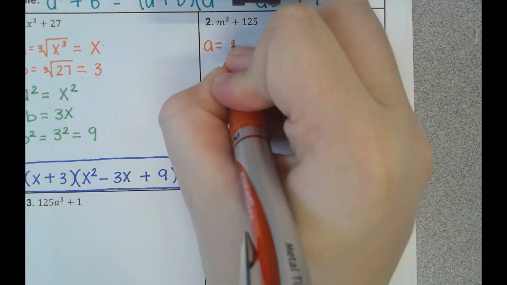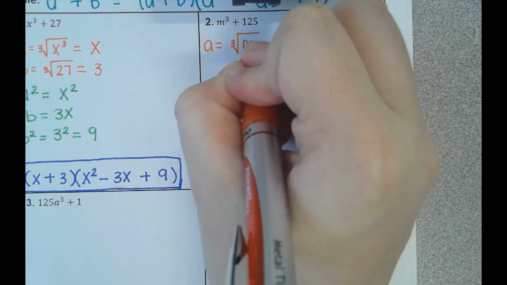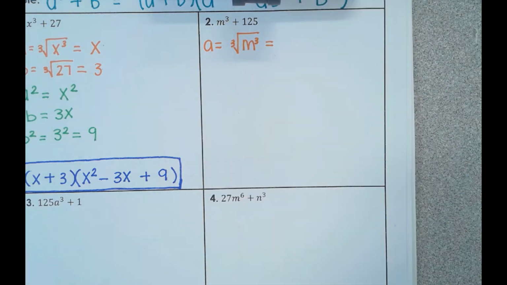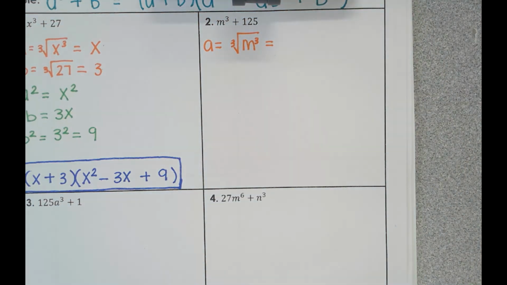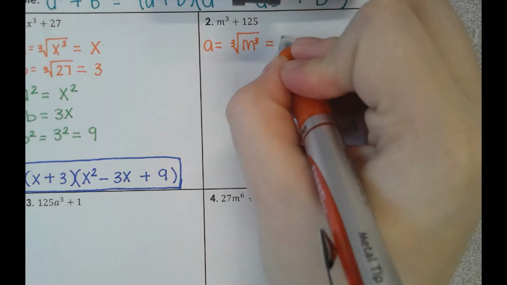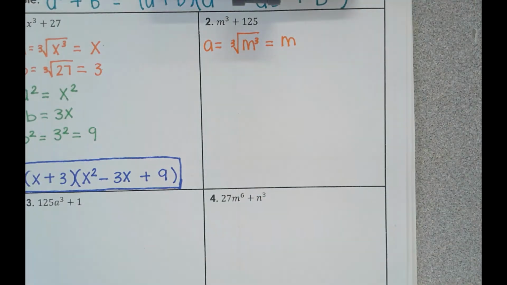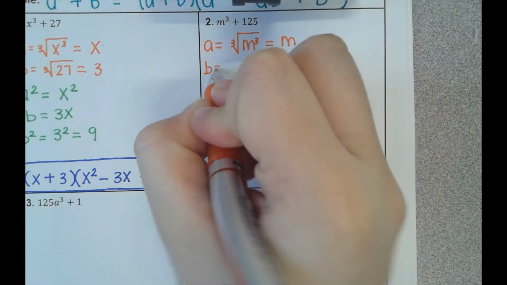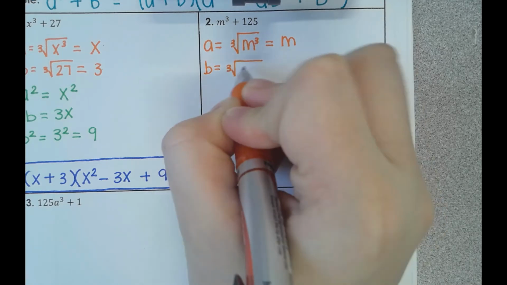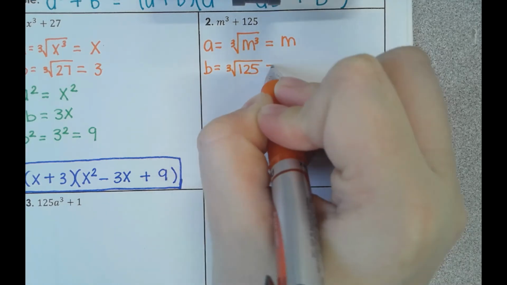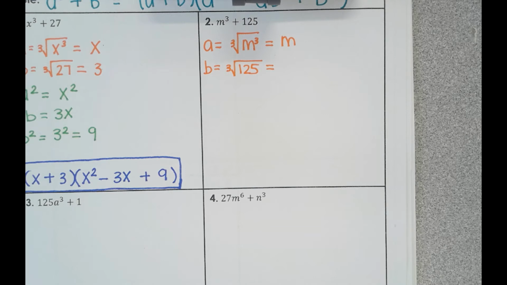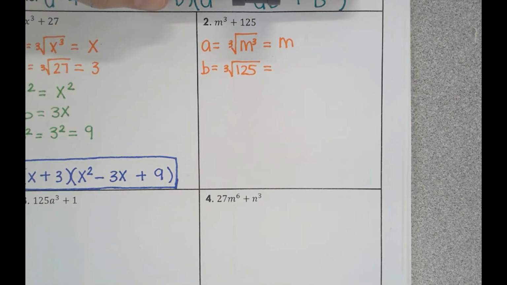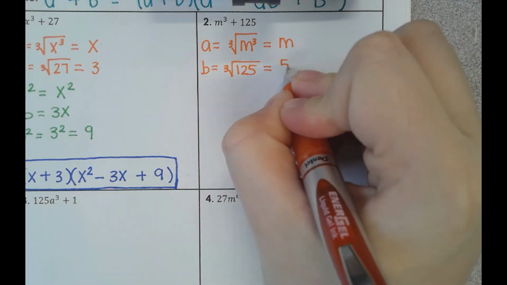So the cubed root of m cubed is just m, or m to the first, because 3 divided by 3 is 1. Then my b, the cubed root of 125, that's 5.